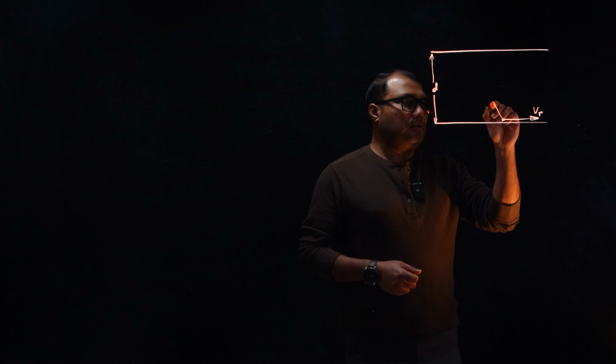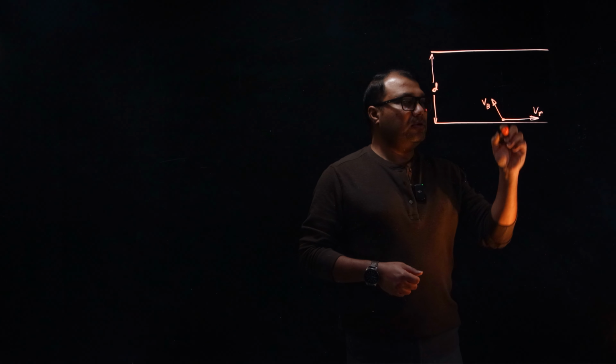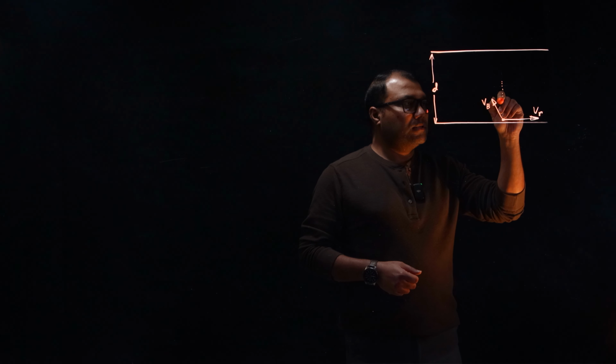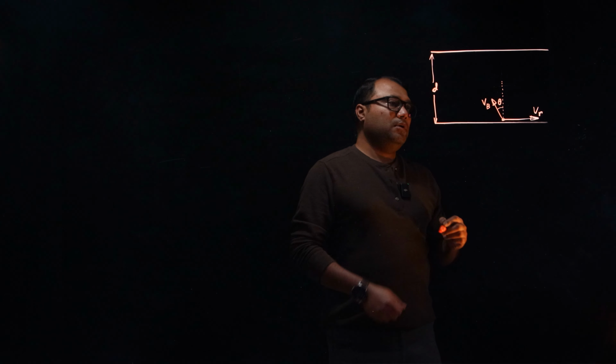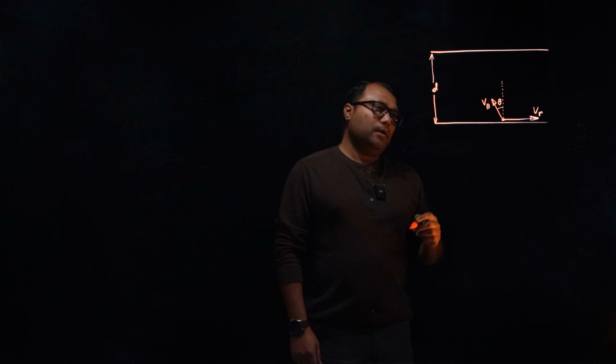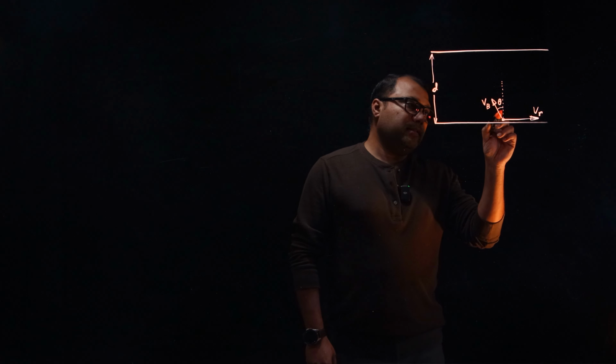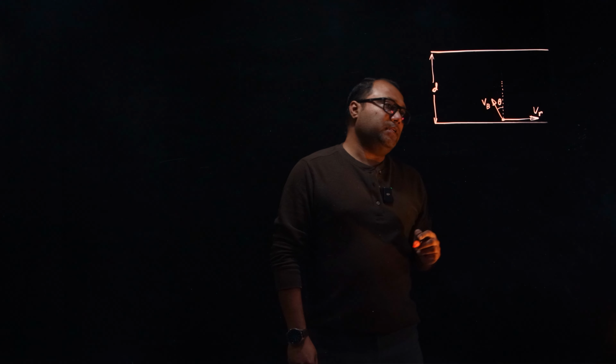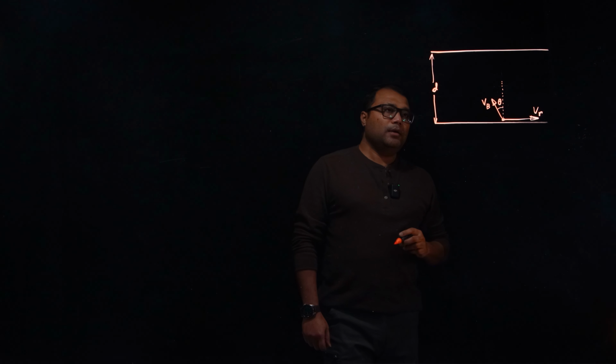Now, let's say the velocity of the boat is in this direction, which is theta angle from this vertical. Now the total angle that we have to find is 90 plus theta, so we'll figure that out.